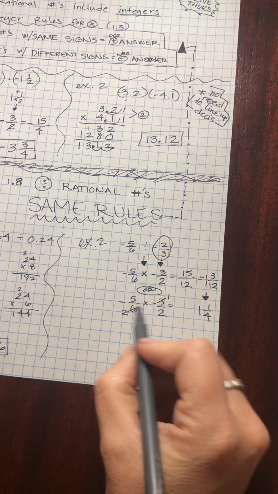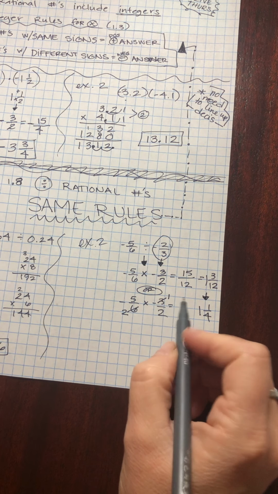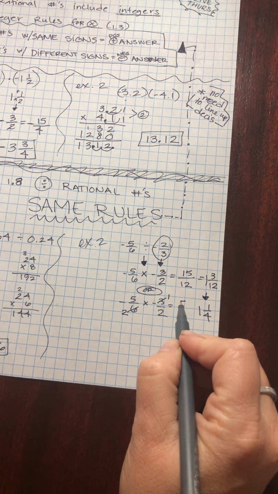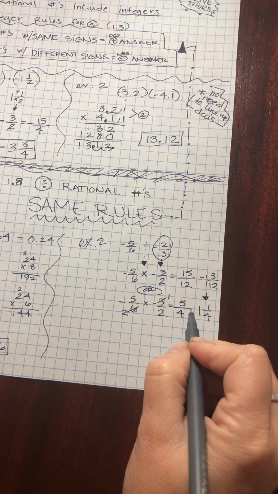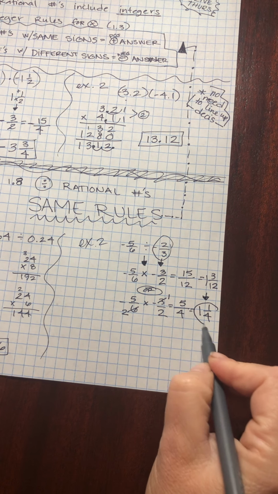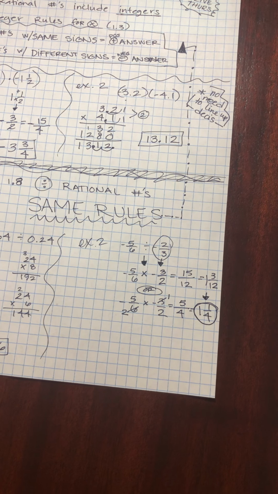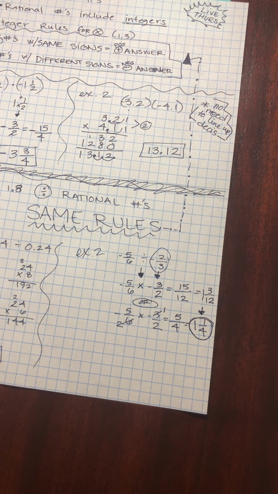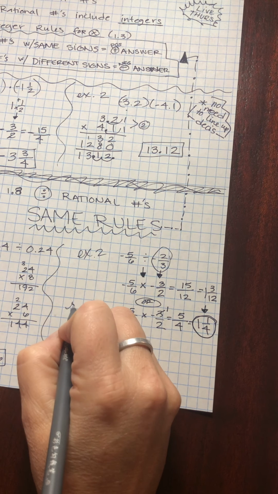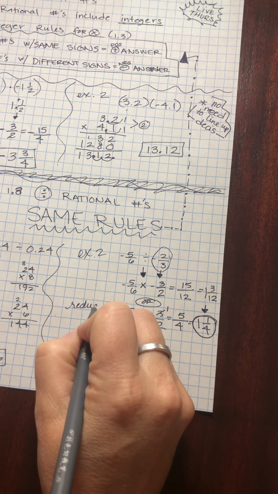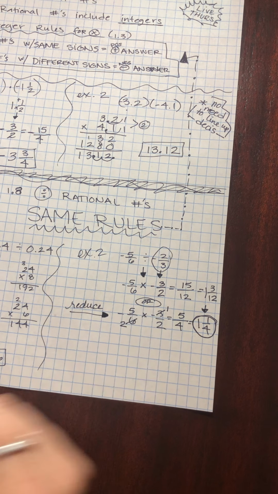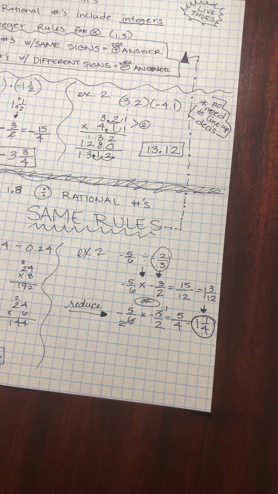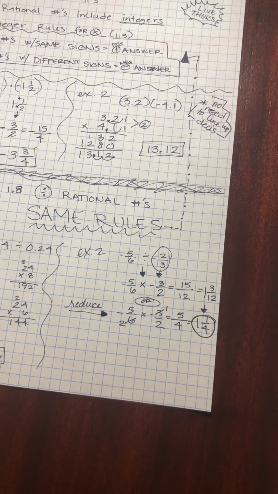So that leaves us with 5 times 1 on the top, which is 5, and 2 times 2 on the bottom, which is 4, which is also simplified into 1 1/4. Okay, so either way, I like to reduce. Keeps your numbers small. You're less likely to make a mistake when your numbers are small.